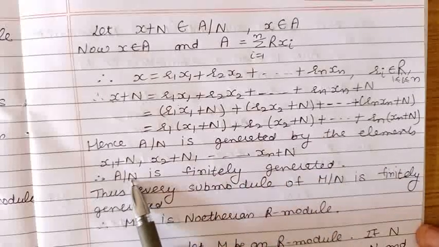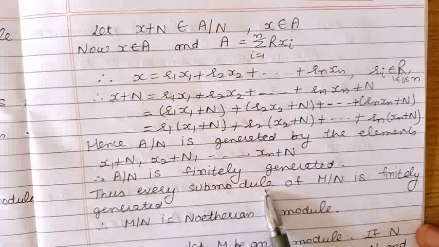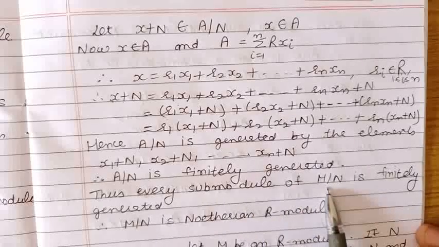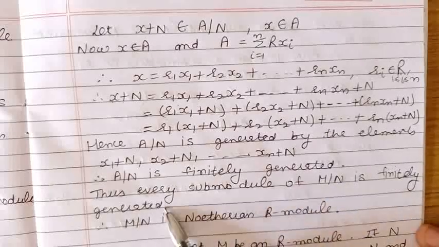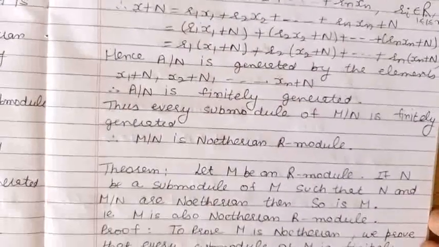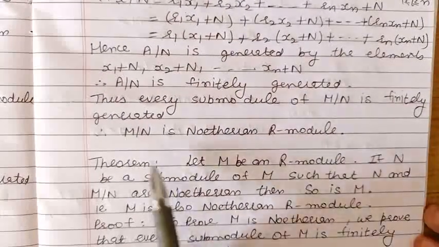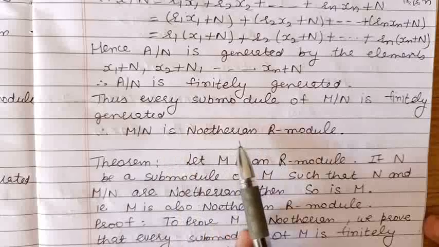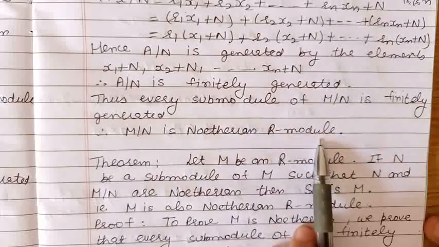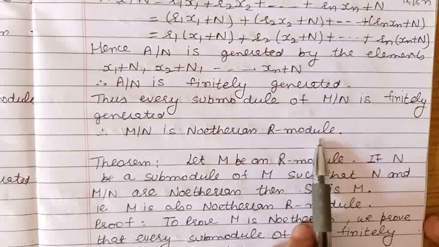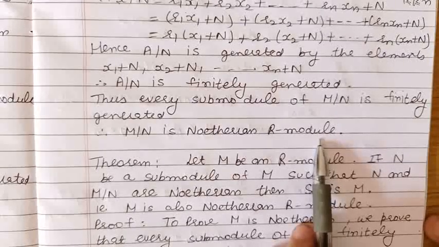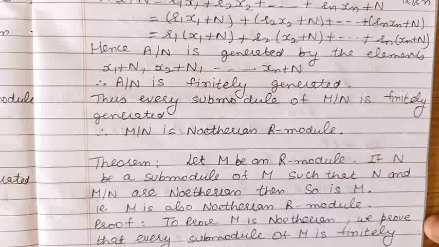Now, A by N is a submodule of the factor module M by N. So we have proved every submodule of the factor module M by N is finitely generated. So by definition, this proves that the factor module M by N is a noetherian R module. So this completes the proof of the theorem that every factor module of a noetherian module is noetherian.